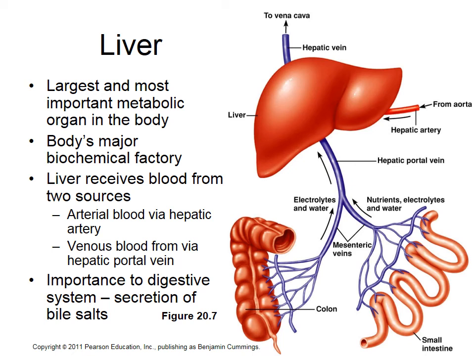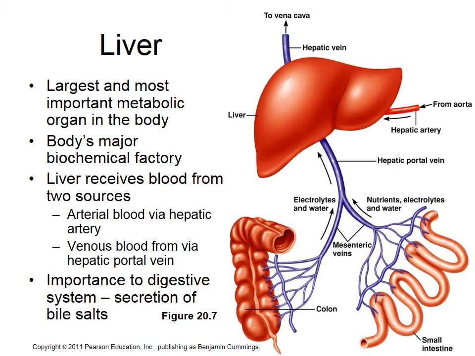If you take in an excess amount of iron or carbohydrates or amino acids, your liver can also serve as a storage organ, and store it as glycogen if we're talking about carbohydrates. Your liver is super active.